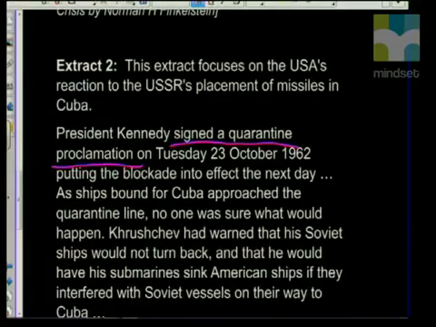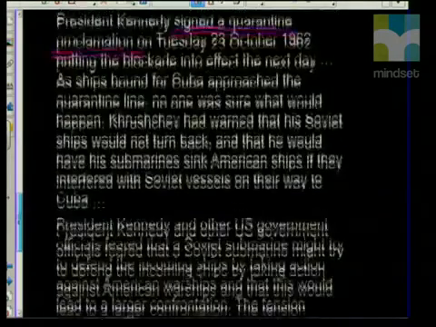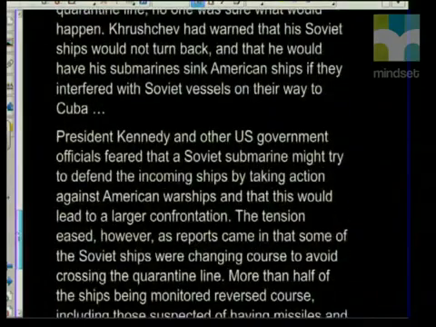Okay, and then it goes on to tell you about the Russian ships going to Cuba and how Khrushchev had warned the Soviet ships would not turn back. So that was his response. Okay, remember, we're not interested in the Soviet role, but we're interested in the American role.